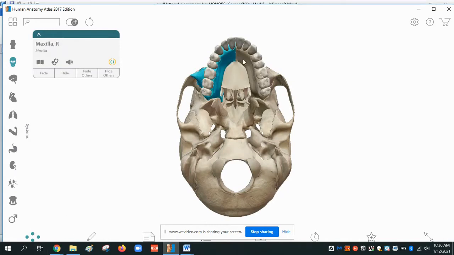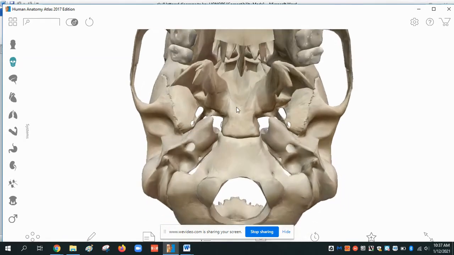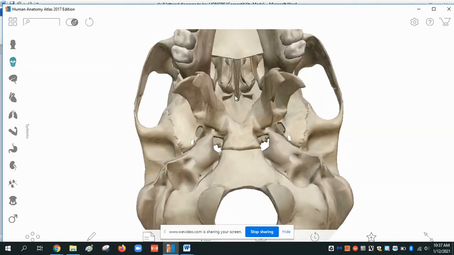Here's maxilla. That's all maxilla. Here is, did I delete the palatine bones? Shoot. I accidentally deleted those palatine bones. They will sit, I don't know how I did that, here and here.